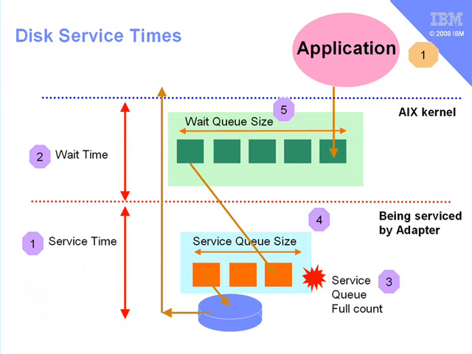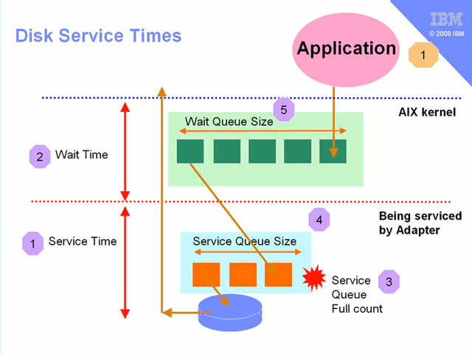The application at the top here calls the AIX kernel via the system call. If there is nothing waiting for the adapter, it will immediately push this to the adapter and it will go into the service queue on the adapter. The adapter will then talk to the disk and ask for the I/O to be started.